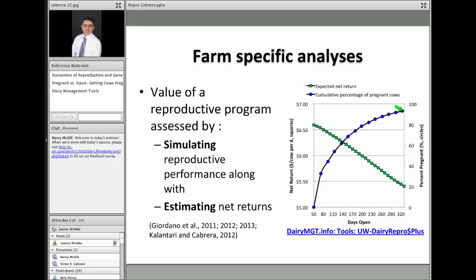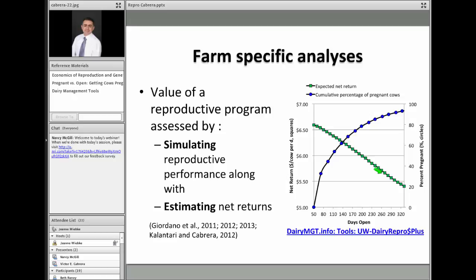Now the important and different thing in this tool is that simultaneously we are calculating this green curve here, which represents the net return in dollars per cow per day as we move along the days open. As we would expect, the later we go in the lactation, the lower the net return we would expect from that cow getting pregnant.